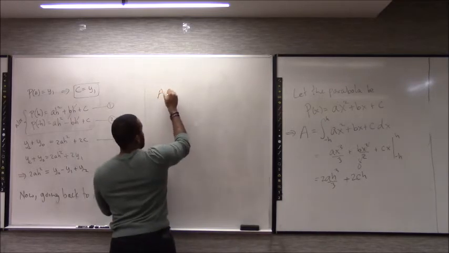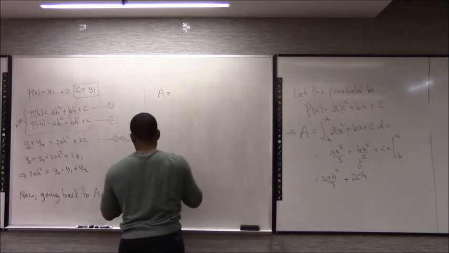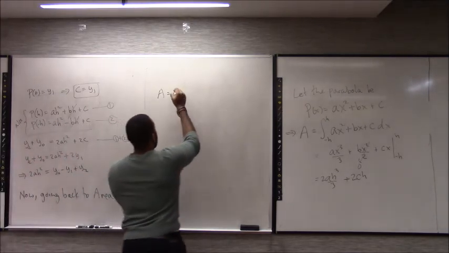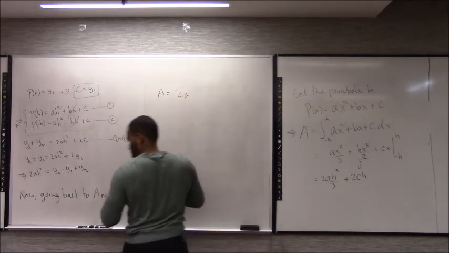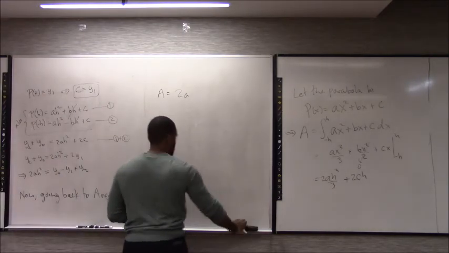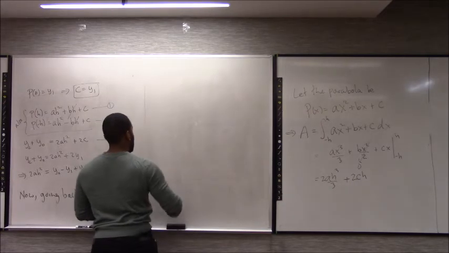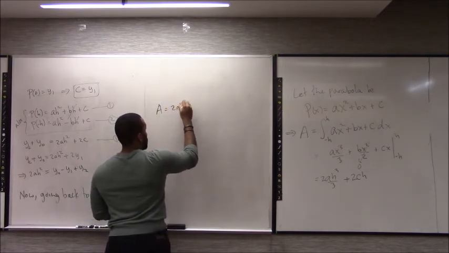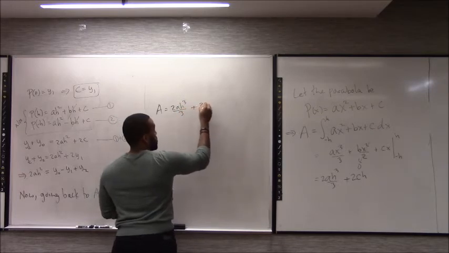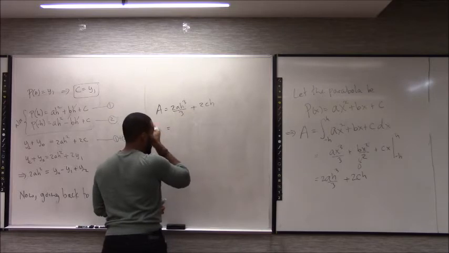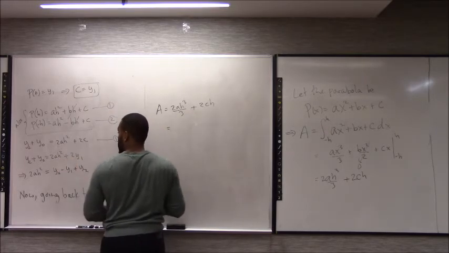The area under this parabola is going to be equal to 2ah cubed over 3 plus 2ch. ah cubed, no idea what that is, but I do know what 2ah squared is.